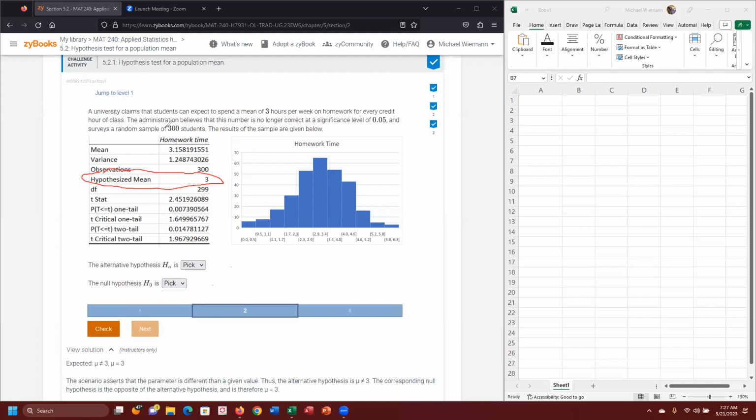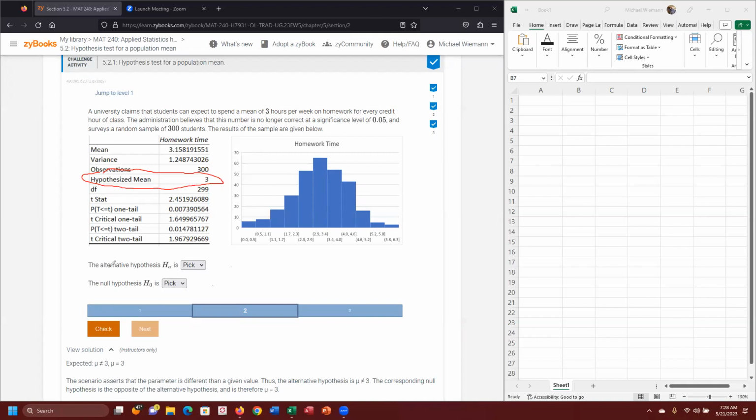Based upon the reading of this, it says a university claims that a student can expect to spend a mean of 3 hours a week per homework for every credit hour class. The administration believes that it's no longer correct at the alpha 0.05 in the sample of 300. So the administration claims it's different, that it's not equal to it. So it is an equals, not equals relationship.